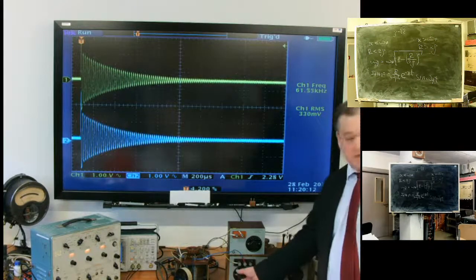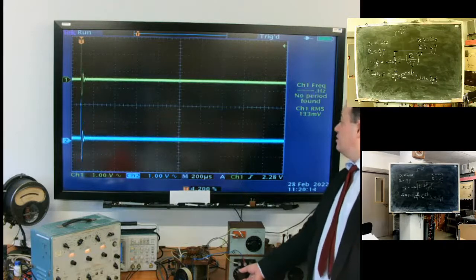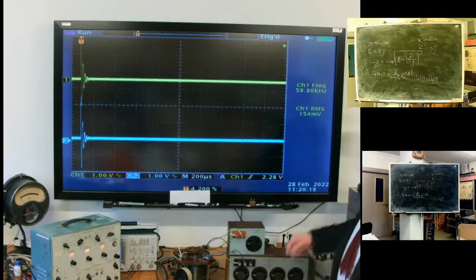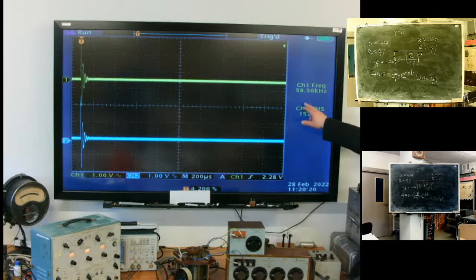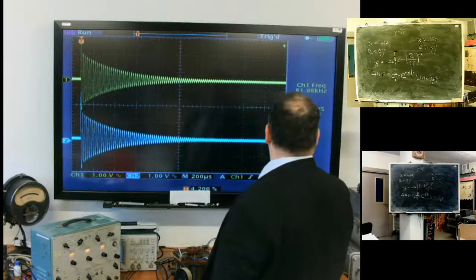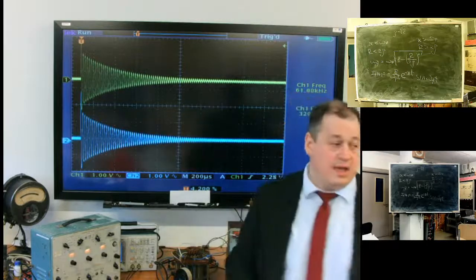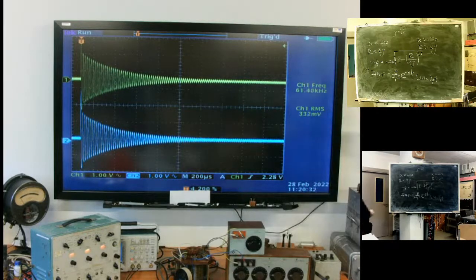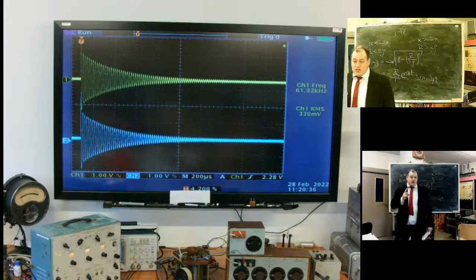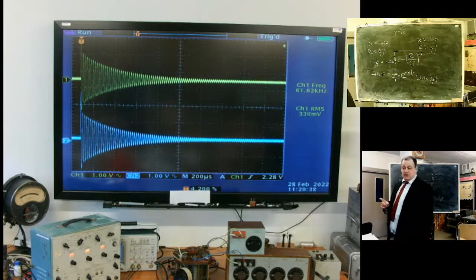I'm introducing resistance. See, I have increased resistance and frequency becomes 59. The introduction of active resistance changes the free oscillation frequency.